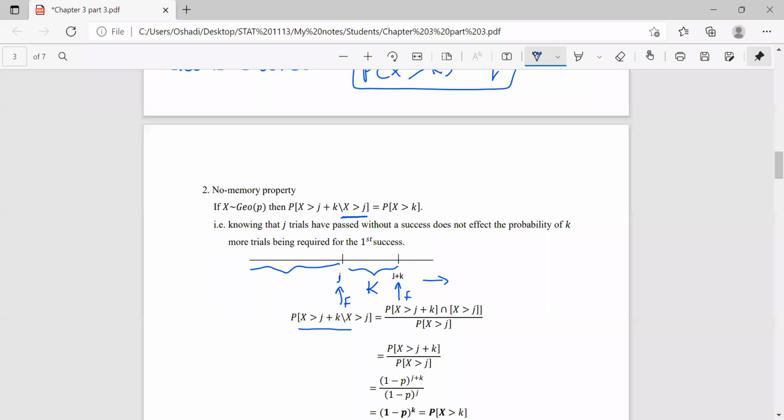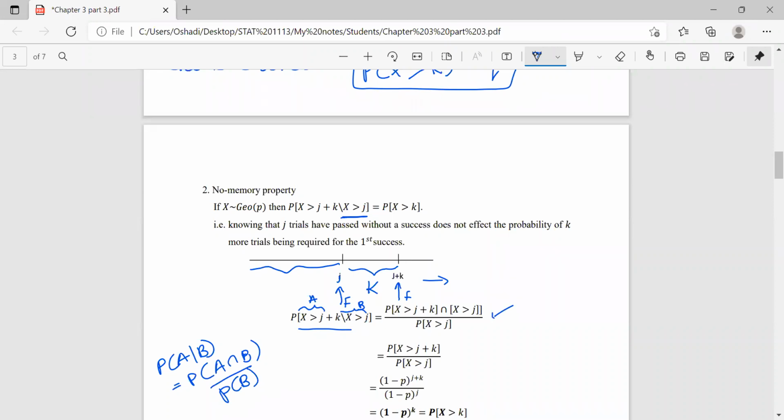That means we take this part as A and this part as B. We know that the probability of A given B can be written as the probability of A intersection B over the probability of B. So this is the conditional probability, and using it we can write this.